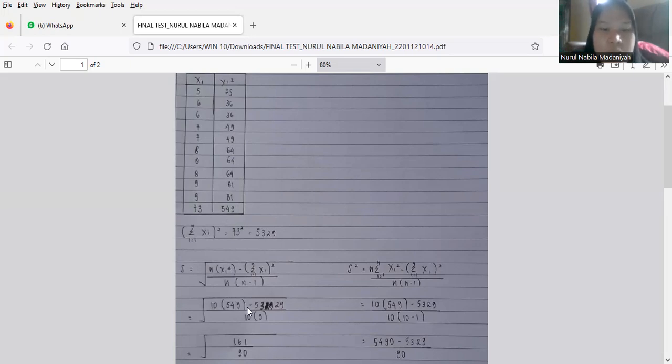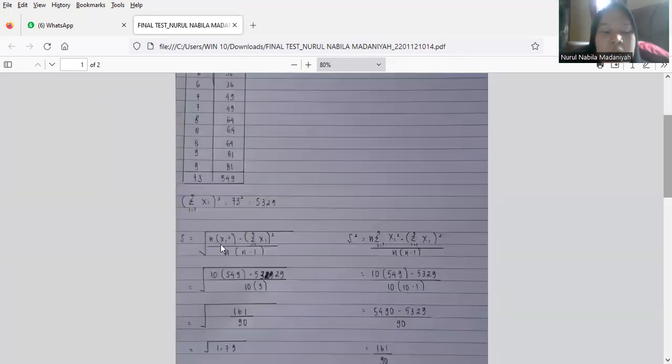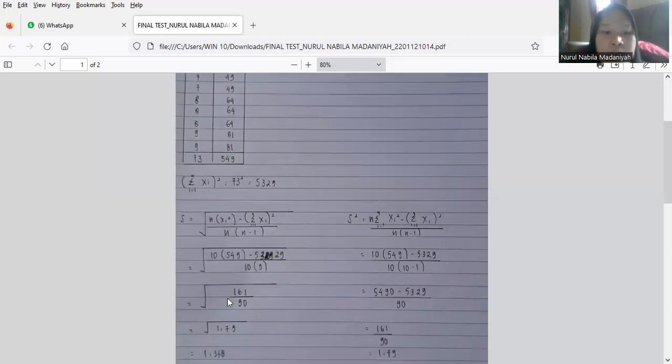Sigma xi quadrat, it is 549 minus n sigma xi quadrat. It is taken from this. It means 5,329, and the n is 10, n minus 1, I get 9, and then 161 per 90.